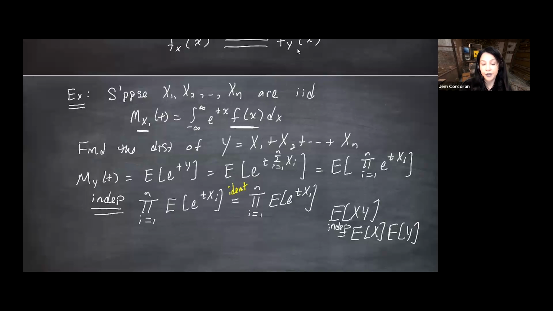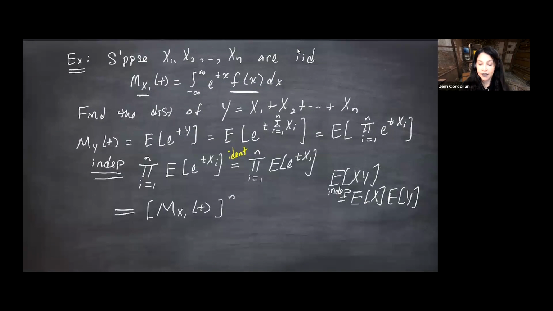And that's the moment generating function for one of them. And you've got it over and over again n times. So we've got the moment generating function for x1 of t raised to the nth power. If I didn't make these IID but just independent, then I would have stopped here and written this as the product as i goes from 1 to n of the moment generating function for xi.